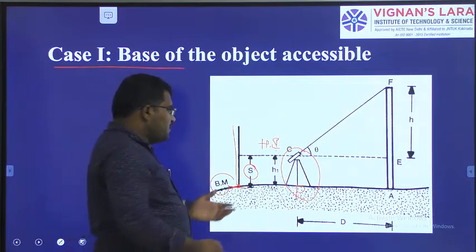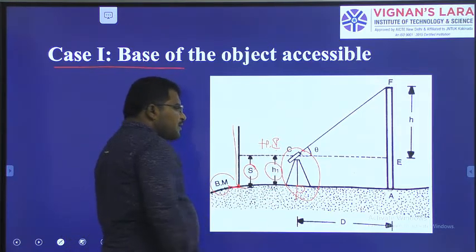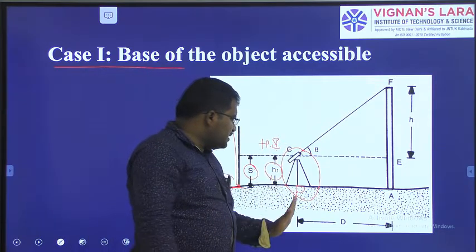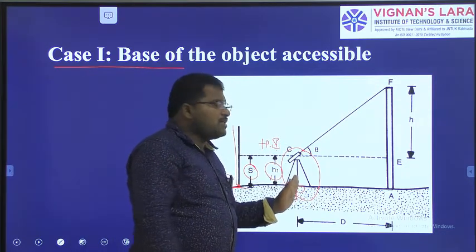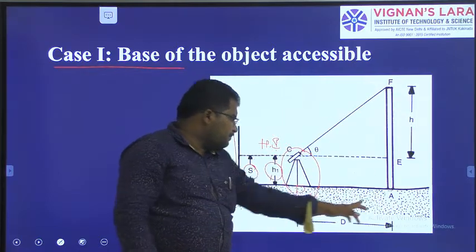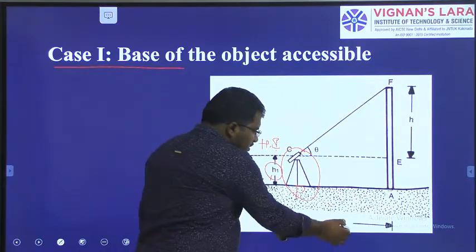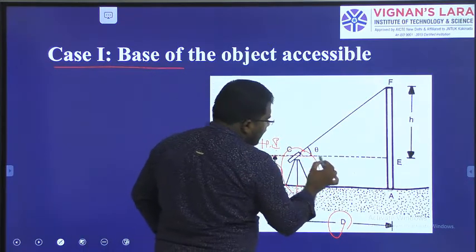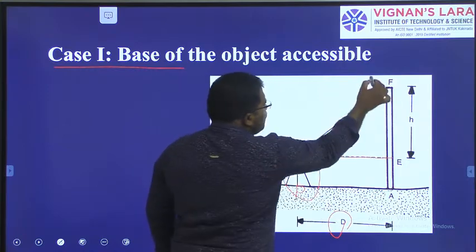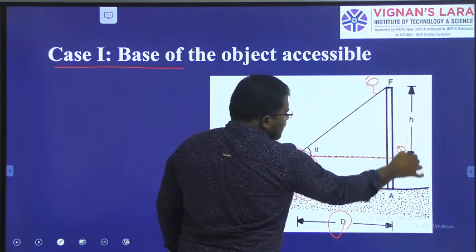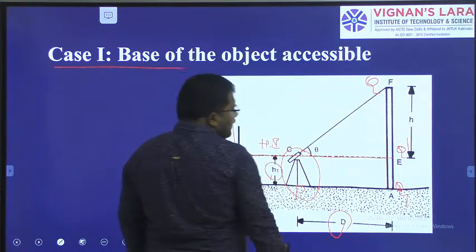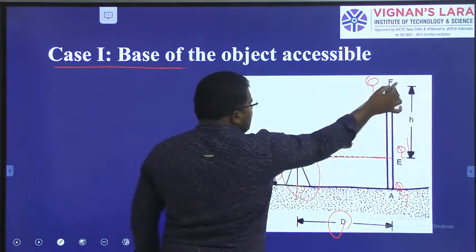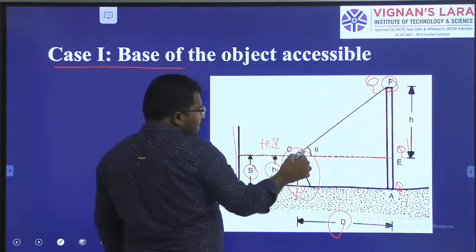Then based on this we calculate the height of instrument, and also the distance between the instrument station and the object, that is D. We make it a level line; last time we took it as Q, this as Q dash, this as Q1. From this reference we sight the point Q and calculate theta.